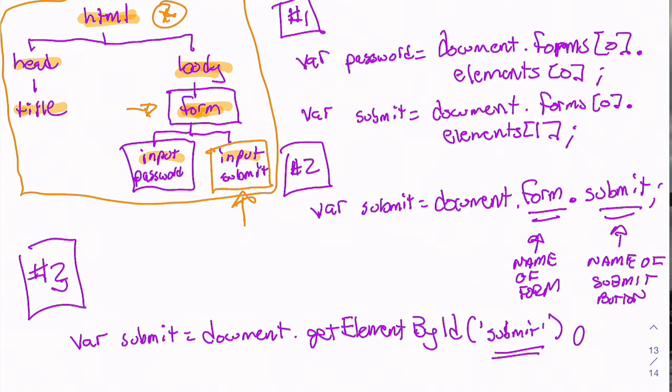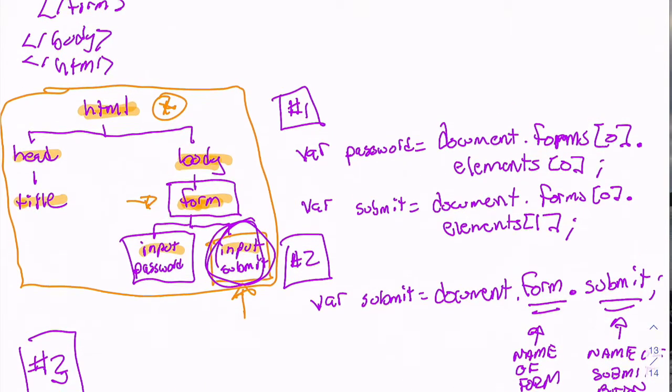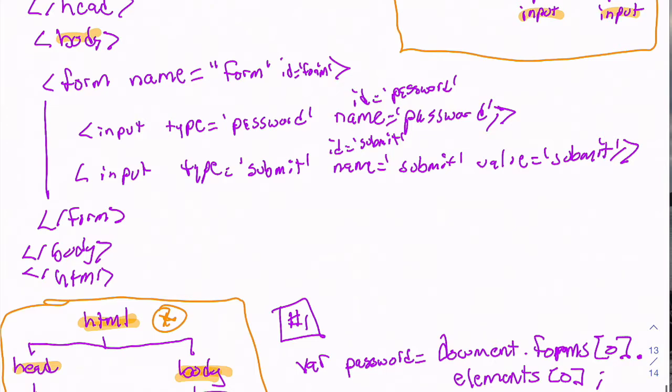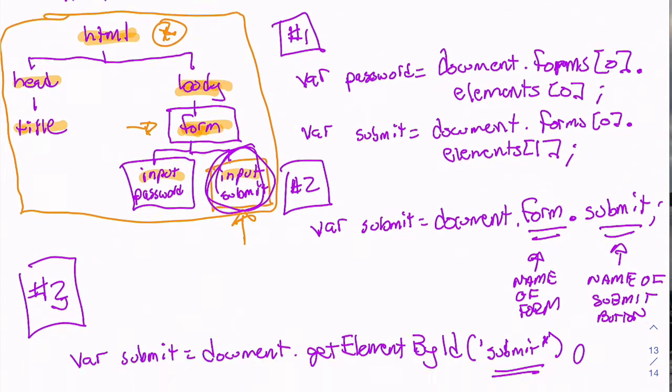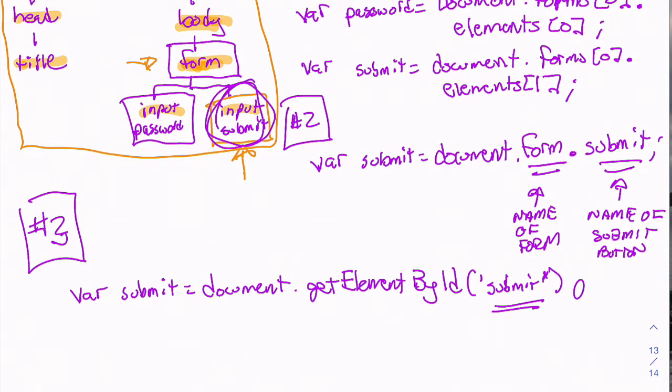So when I say ID submit, it's going to go directly to search all of the HTML elements in the HTML document, and find the one element, because if you give an element an ID, it has to be unique within the entire document. So it'll search for the document element that has the ID of submit. If we go back up to the actual HTML, we can see that I set up an ID of submit for the submit button. Okay, so we've got 3 ways of going after elements.